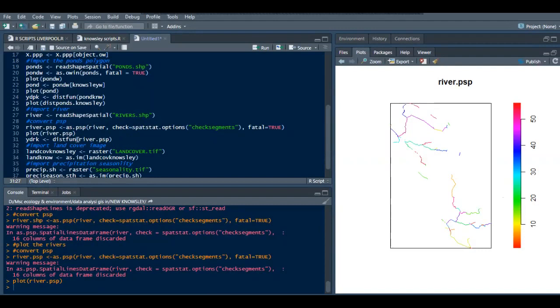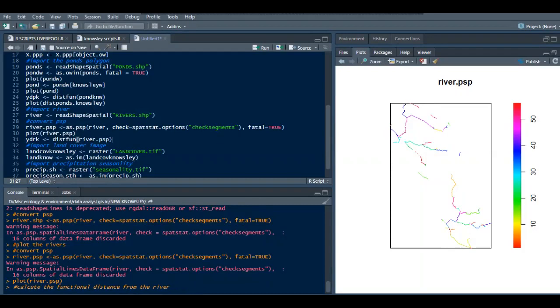So now after plotting it, we need to calculate the distance from the river, and we're gonna store this as an image file with RGB values.